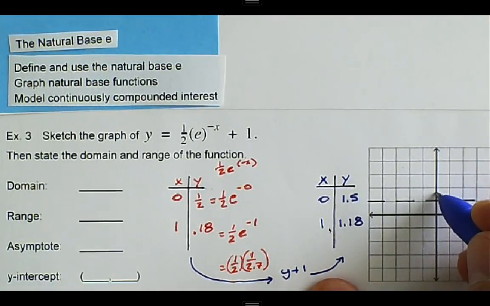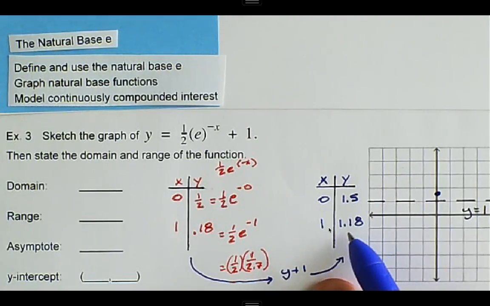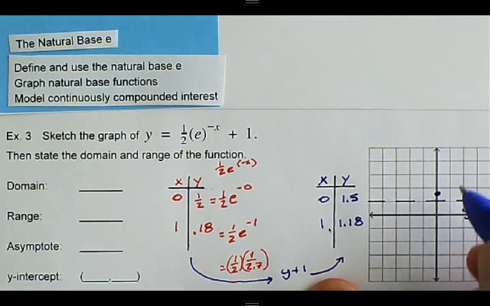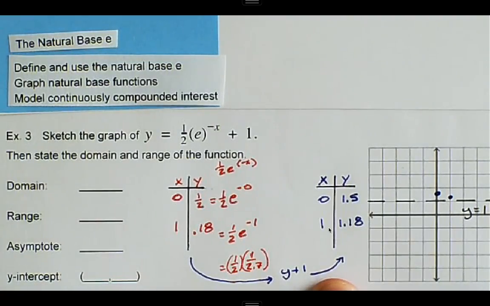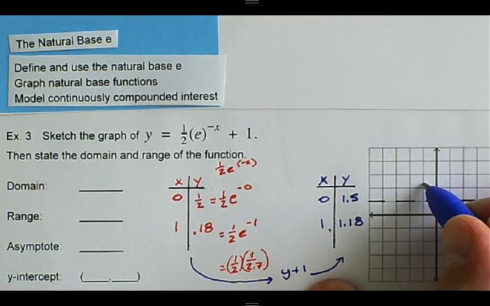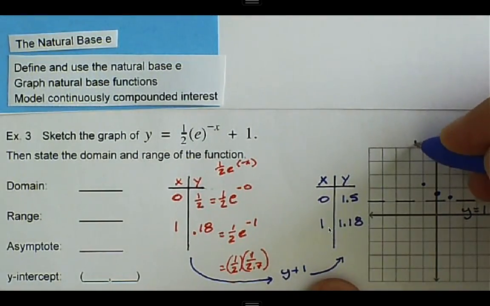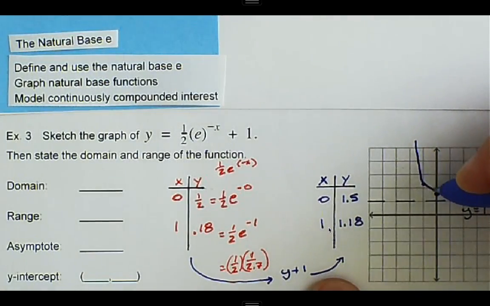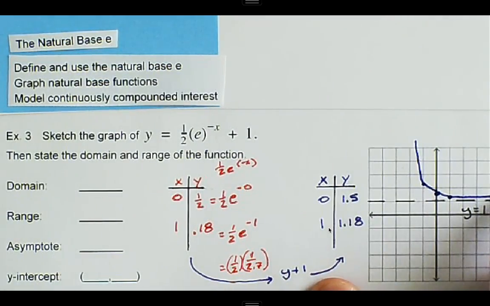So 0, 1.5 is right here. And 1, 1.18. So that's going to be really, really close to the asymptote line there. And negative 1, that's going to be a little bit over 1. So that will be right about there. And then we'll have a decay graph that comes through and looks like that.